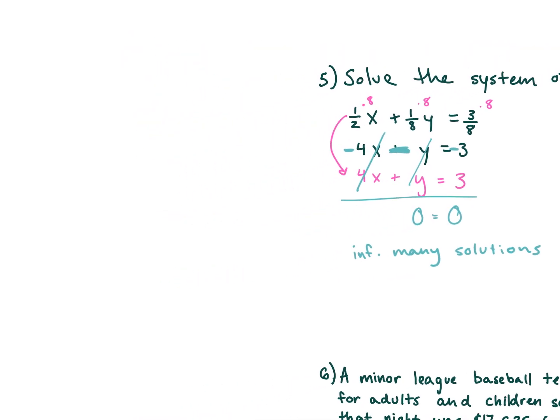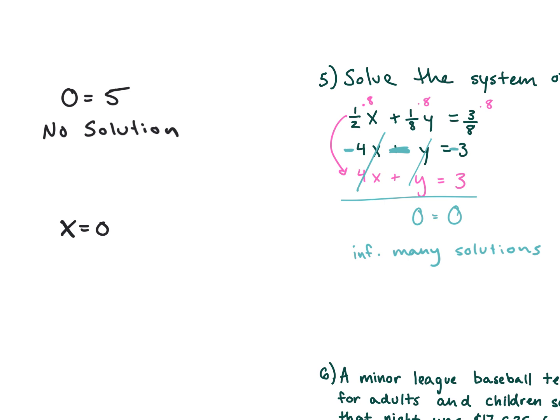What if we had something like 0 equals 5? What do you think our answer would be here? No solution. If you get 0 equals a number that's not 0, your answer would be no solution. What about if you get x equals 0? Is this no solution? No. X can equal 0. 0 is a number.